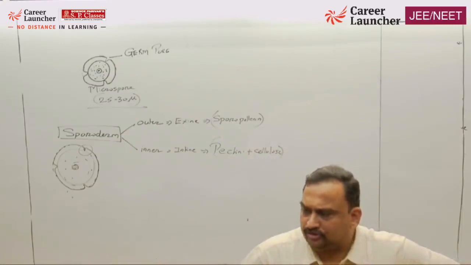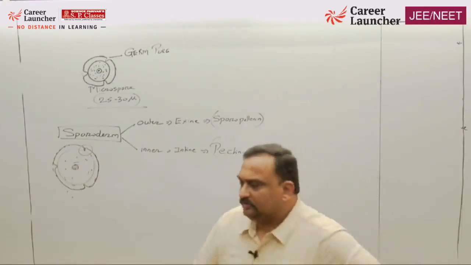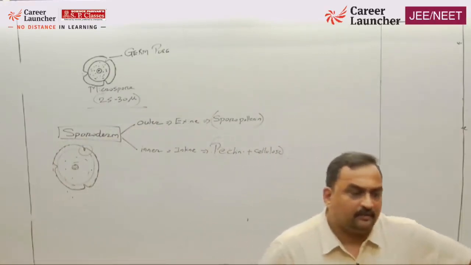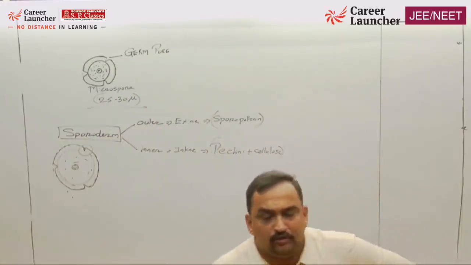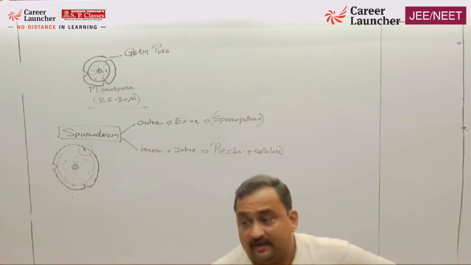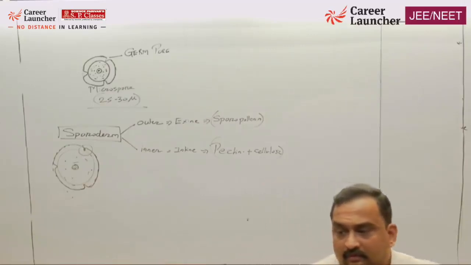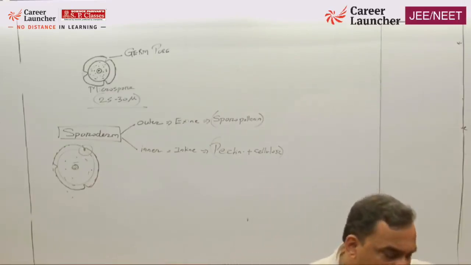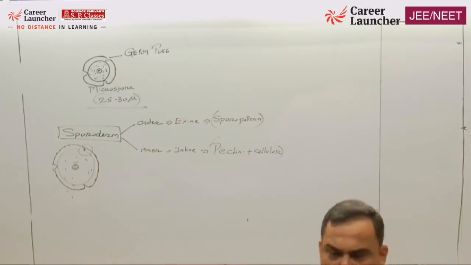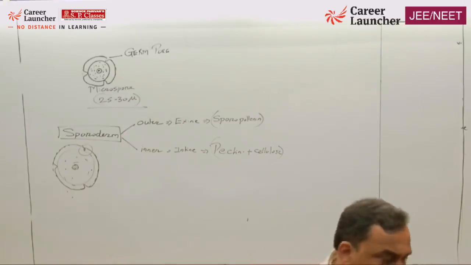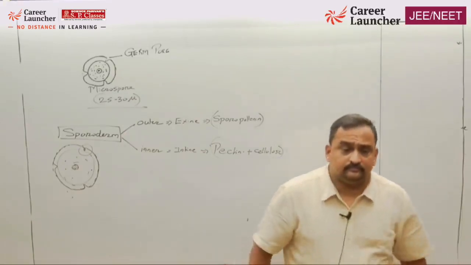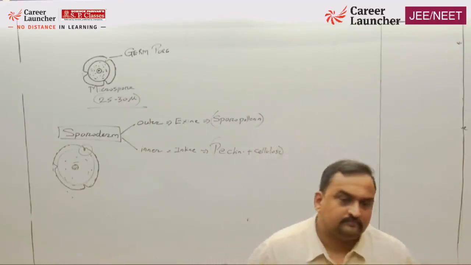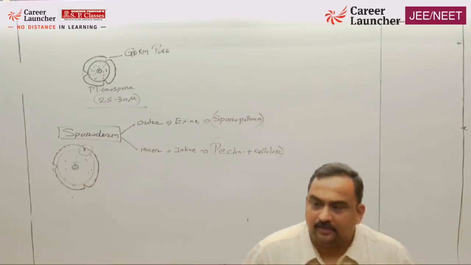Pollen grains of monocots show a single germ pore, they are referred to as uniporate, while in dicots they show many germ pores, hence multiporate. Did you get my point?